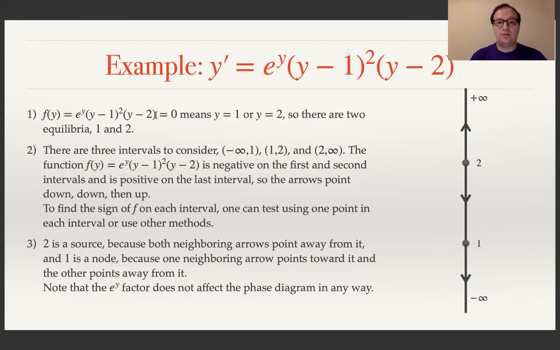So these are the two equilibria, the two constant solutions of the equation: y(t) = 1 or y(t) = 2. On our real axis, we plot the two numbers, 1 and 2.